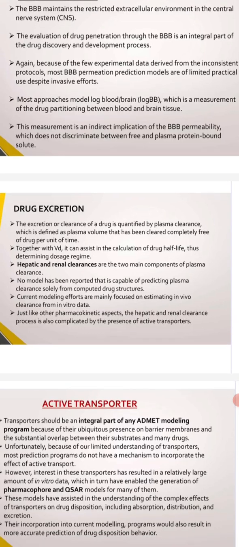No model has been reported that is capable of predicting plasma clearance solely from computed drug structures. Current modeling efforts are mainly focused on estimating in vivo clearance from in vitro data. Just like other pharmacokinetic aspects, the hepatic and renal clearance process is also complicated by the presence of active transporters.